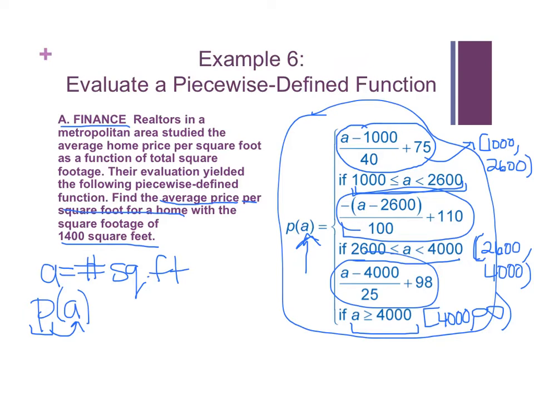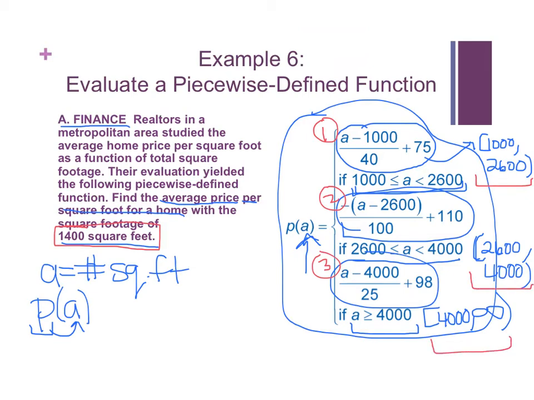Now, find the average price per square foot for a home that has a square footage of 1,400 square feet. Well, I need to look. I have three different equations in my piecewise defined function. Here's equation 1, here's equation 2, here's equation 3. Which equation includes in its domain a house that has 1,400 square feet? I've already written the domains in interval notation.